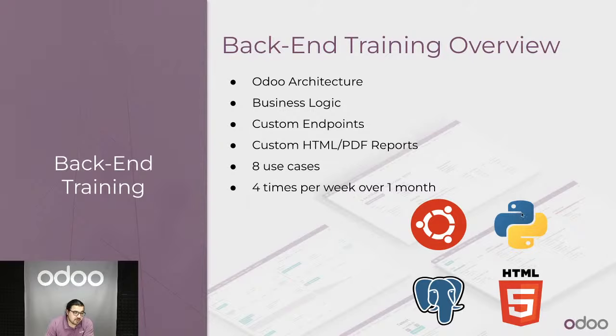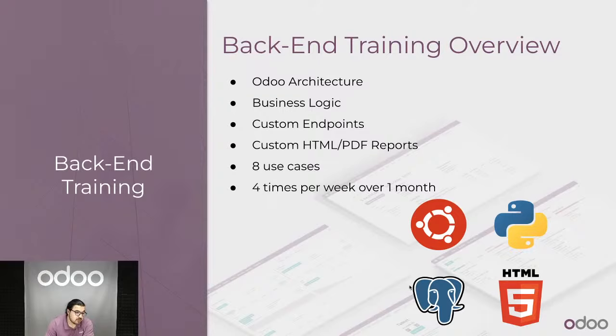Why did I put these icons here? Because those are the prerequisites of this workshop. People who are attending this workshop, who are willing to participate in those workshops, should have some knowledge about the Linux operating system. We prefer Ubuntu, but any distribution would work. Python. Odoo is built using Python, therefore knowledge of Python is mandatory for Odoo development, really.